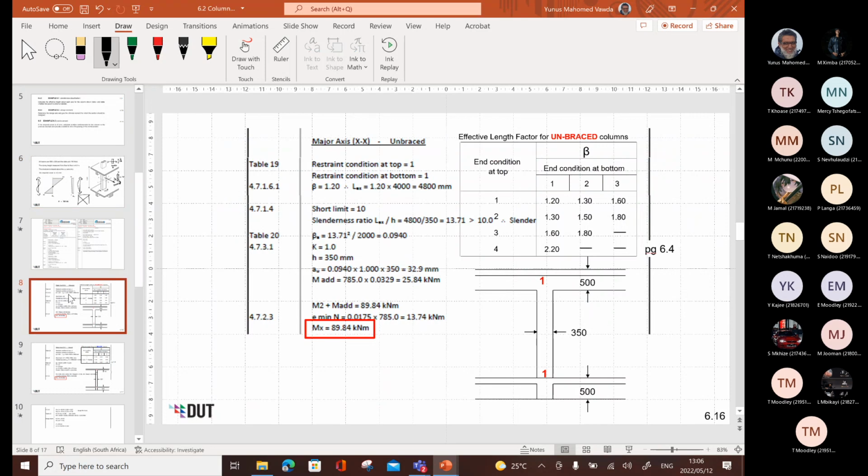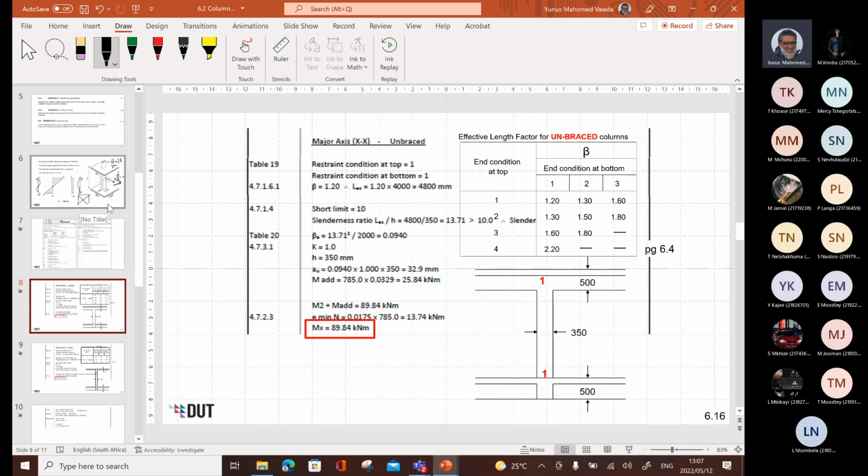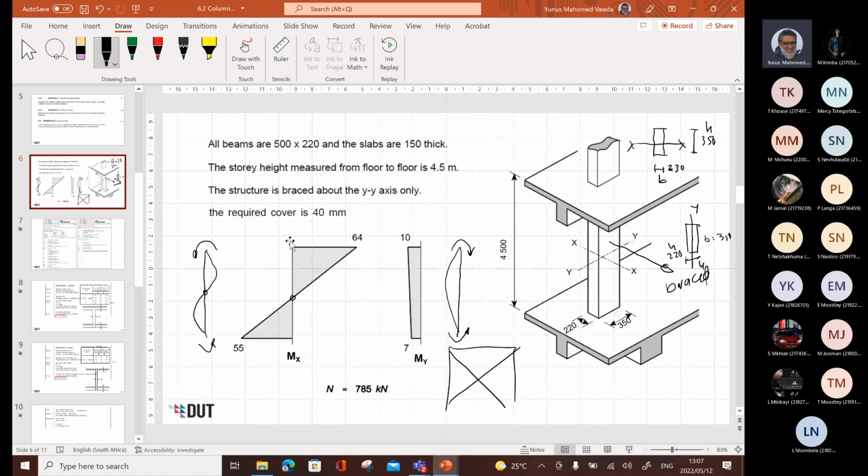So we start: restraint at the top is equal to 1, restraint at the bottom is equal to 1, x-axis. It's unbraced, and we take it as 1 top, 1 bottom, because the x-axis is affected by, see the direction of the x-axis, it is perpendicular to that beam and that beam.